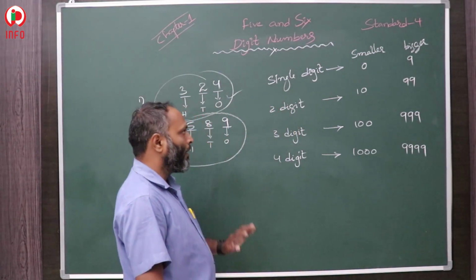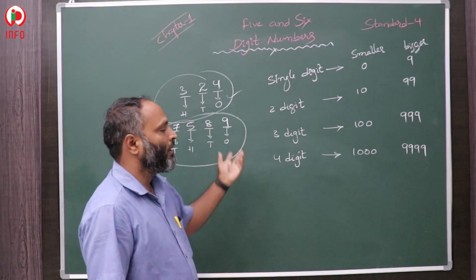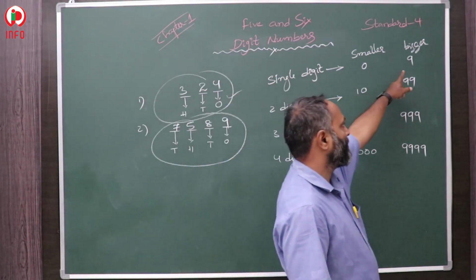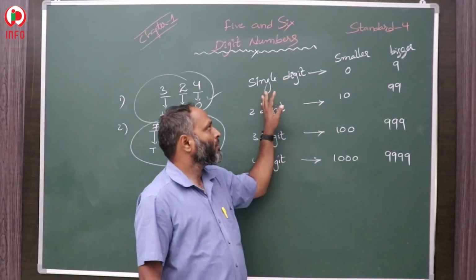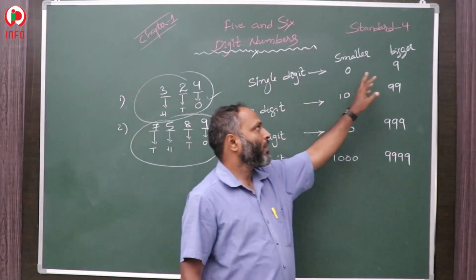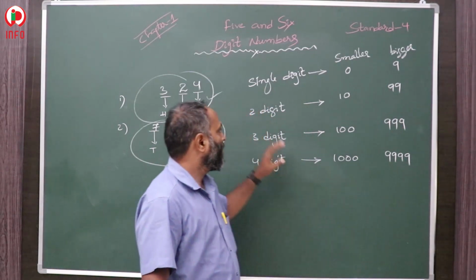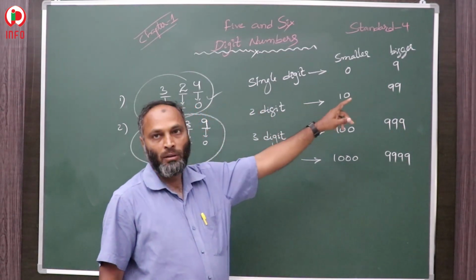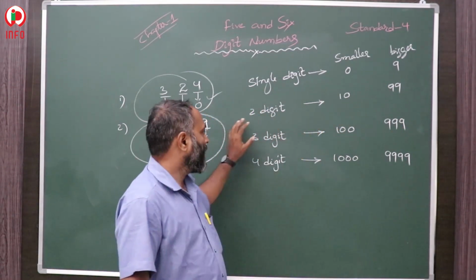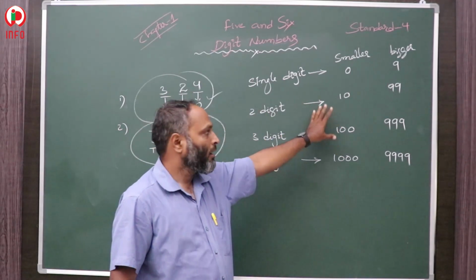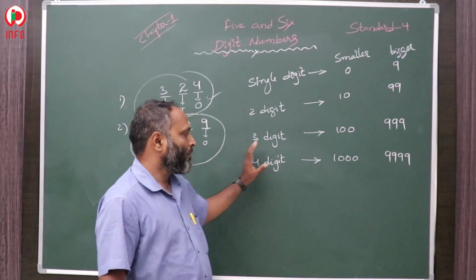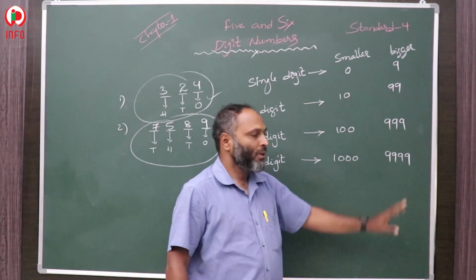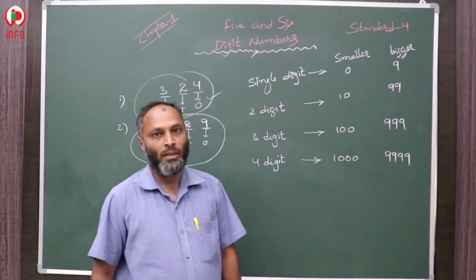So what we observe here: single digit smaller number is 0 and bigger number is 9, 2 digit smaller number is 10 and bigger number is 99, 3 digit smaller number is 100 and bigger number is 999, and 4 digit smaller number is 1000 and bigger number is 9999.